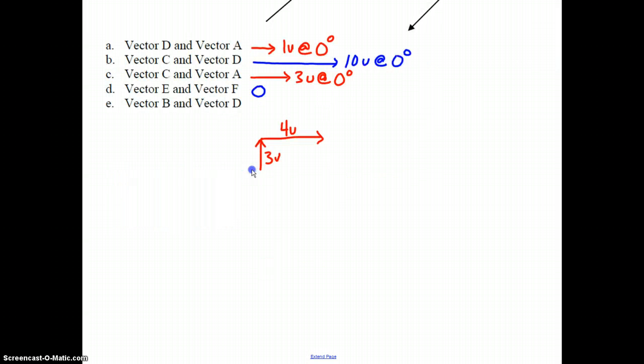We were asked to find the resultant of this. The resultant is always where you end up relative to where you started from. So we label this R. In this case, these 2 vectors are at 90 degrees to each other.